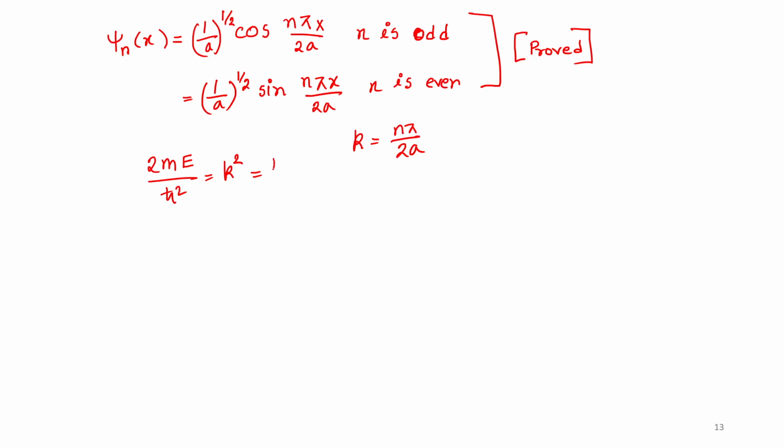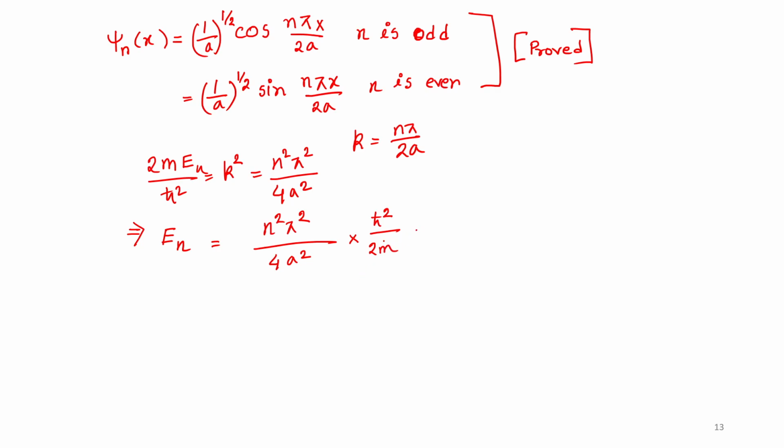So we'll put it here, n square pi square by 4a square, right? So we'll get an expression of En, energy of the nth state, as n square pi square divided by 4a square multiplied by h cut square divided by 2m.